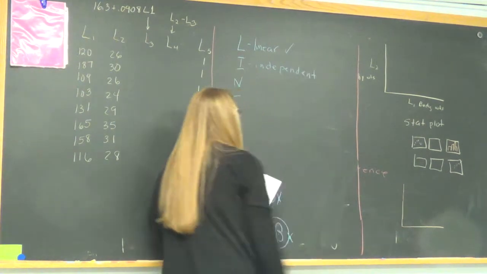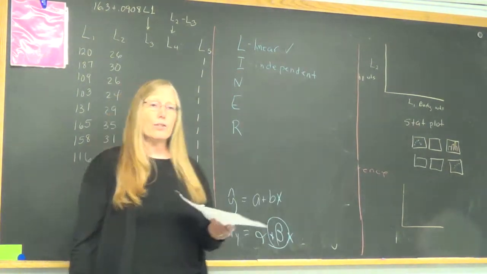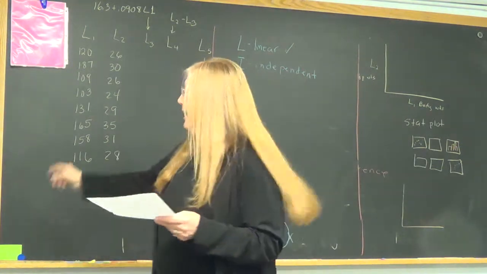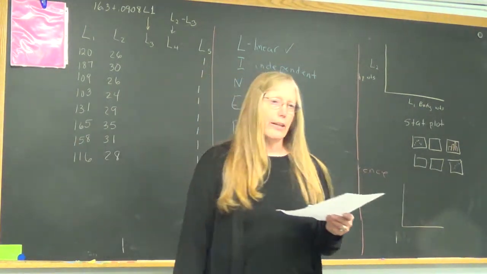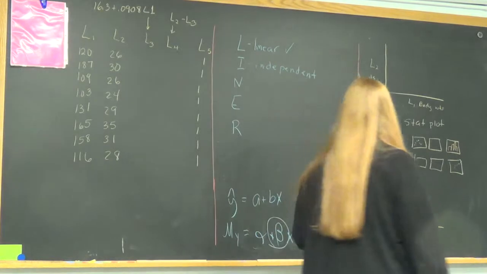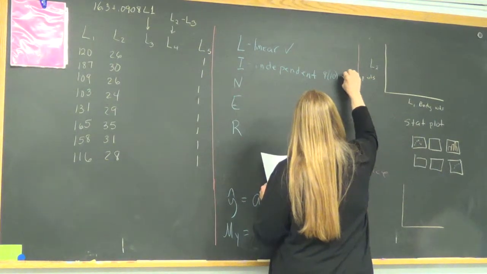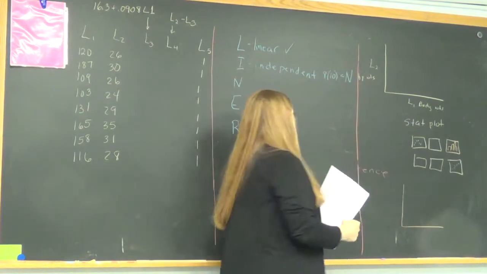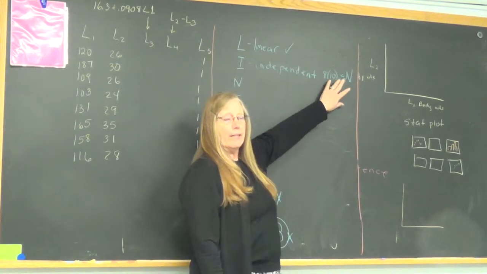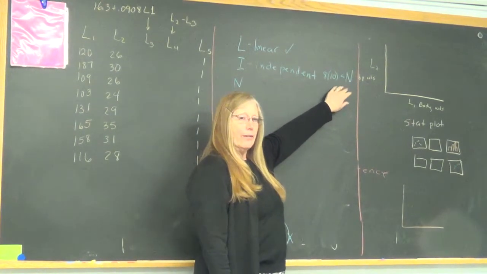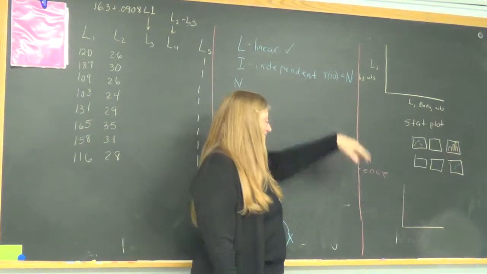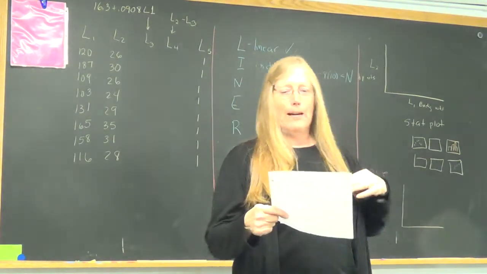Independence does not change. So in this one we had a sample going. There were 8 people in the sample. So 8 times 10 is less than N on the test. I had some people put greater than big N. All right, don't do that. It's less than the whole population.